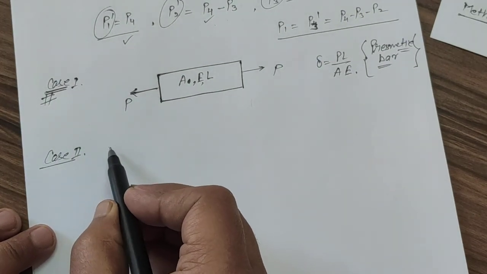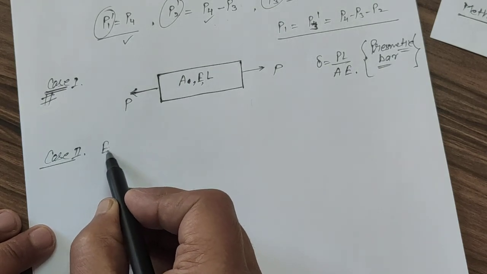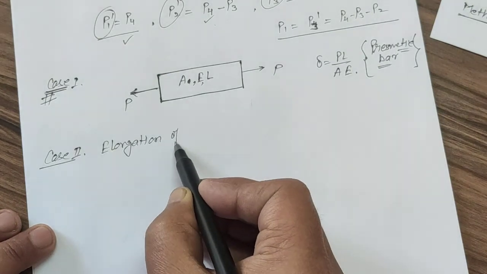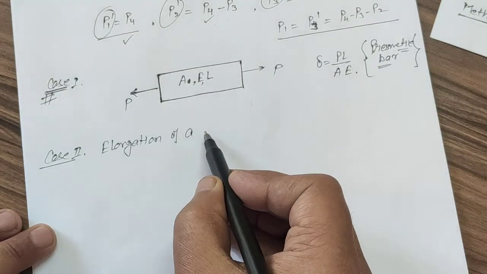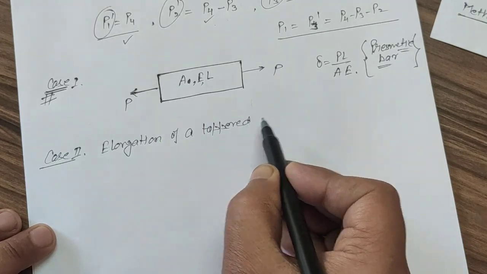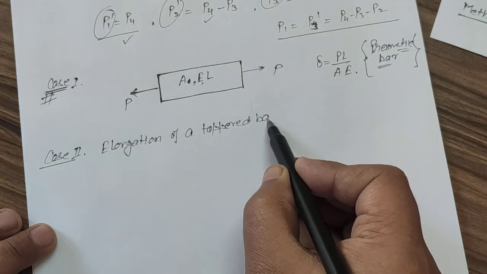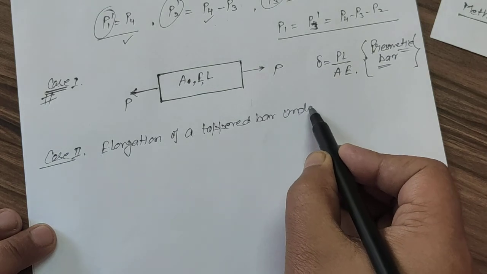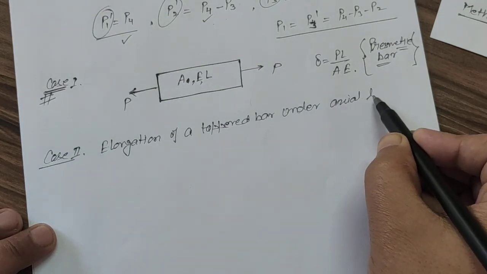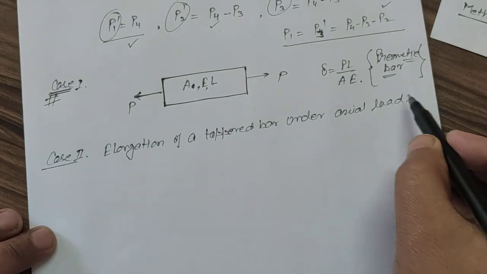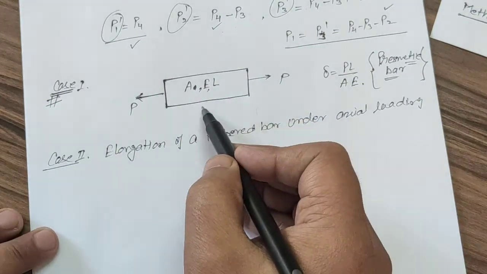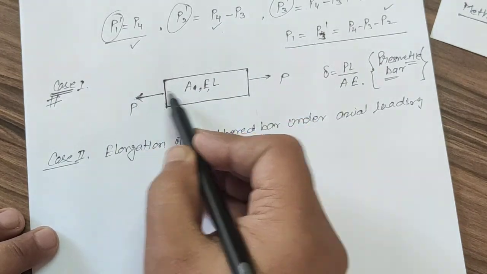So here we are going to discuss elongation of a tapered bar under axial loading. Axial loading means the loading which is perpendicular to the cross sectional area, acting in the axial direction.